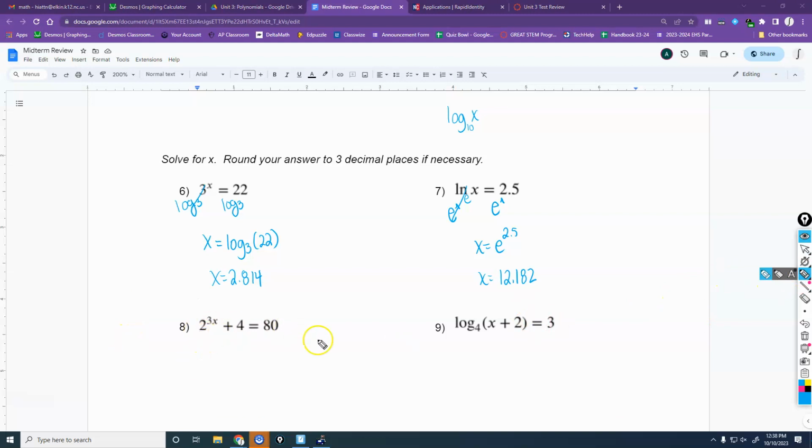Number 8 is a little more difficult. It's going to have a couple more steps. So, Laura, what would I do first on number 8? Very good. So now I've got 2 to the 3x equals 76. What do I do next?